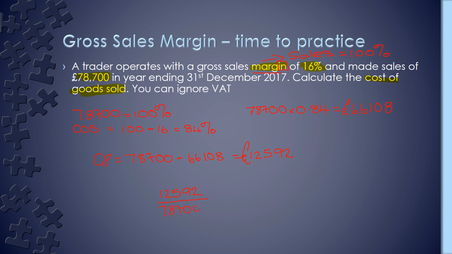So we divide it by our sales figure, times it by 100, and that comes out at 16%. So we can see that that 16% comes back to the 16%, so therefore our calculations must be correct.